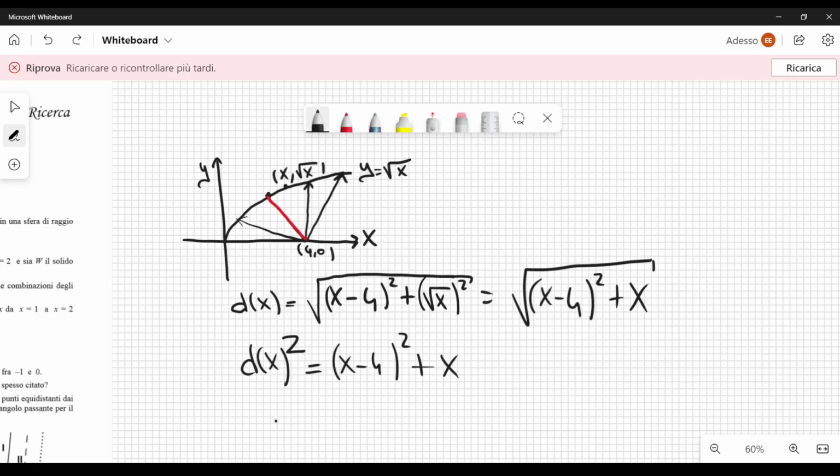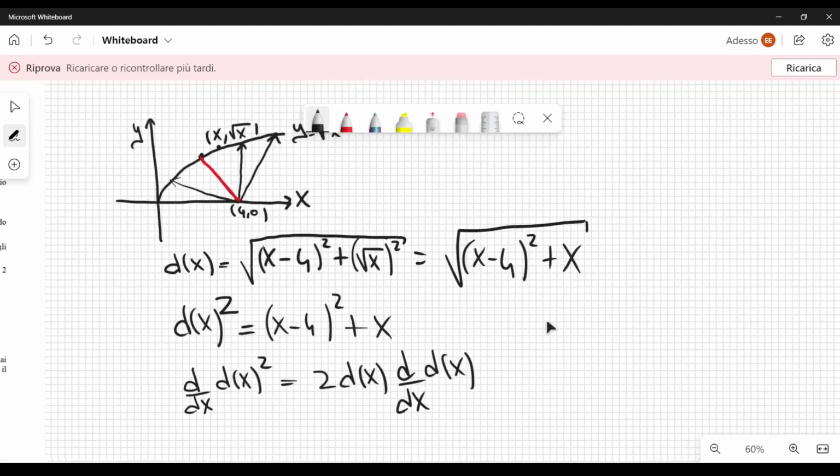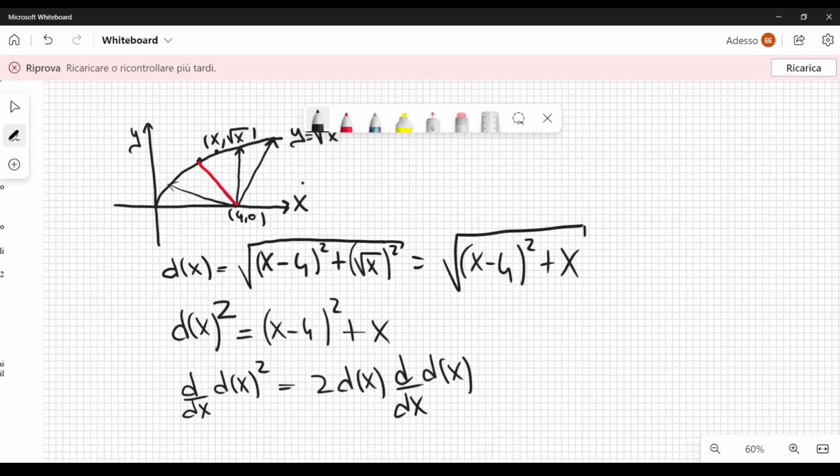And it's quite easy to understand that, because if you take the derivative with respect to x of d of x squared, you can also rewrite it as 2 d of x times the derivative with respect to x of d of x. So if you exclude those points where d of x is 0, you can see easily that the distance will never be 0.